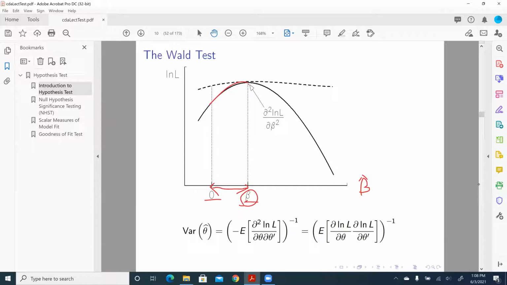So we're going to look at the distance here, then normalize by the curvature of this function from here to here, the second derivative, and see if this distance is big enough.